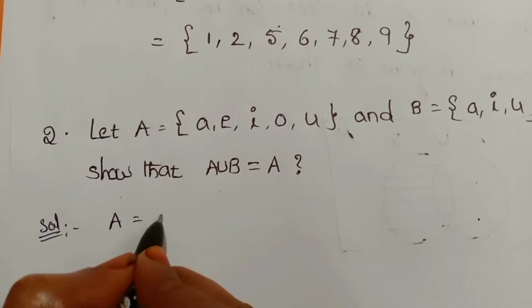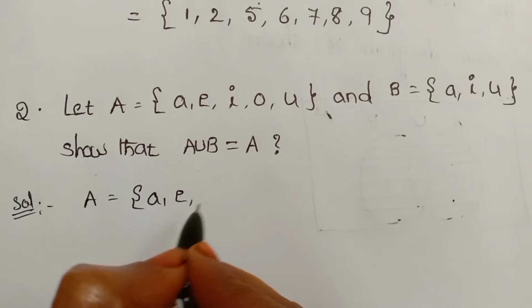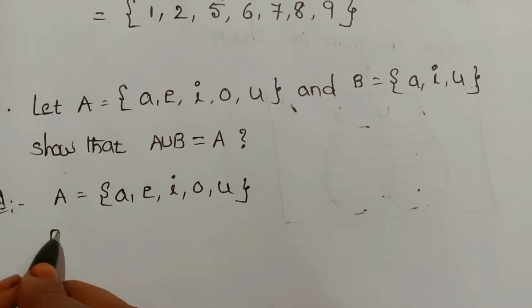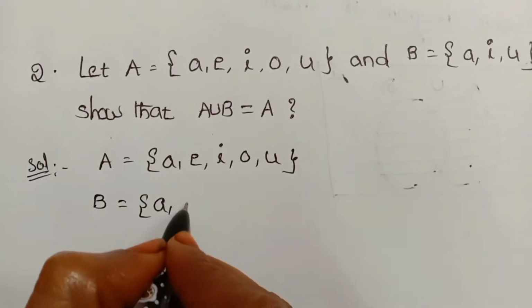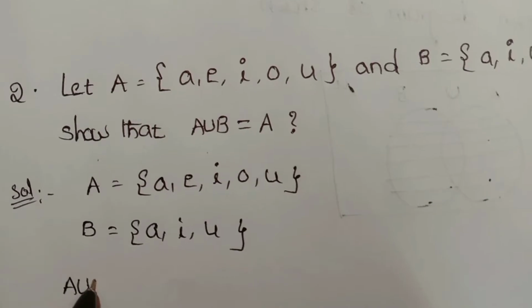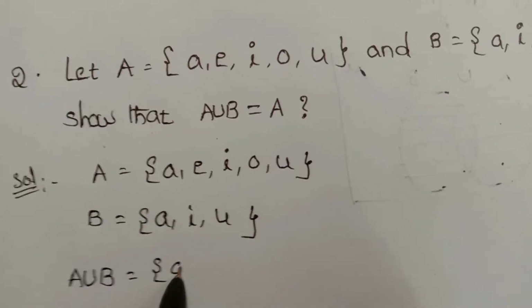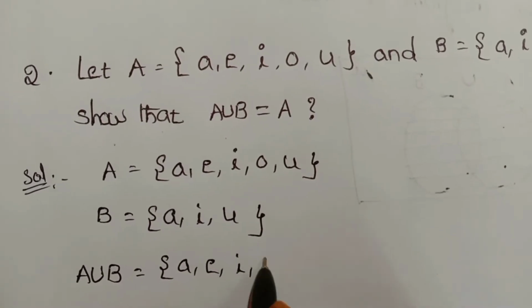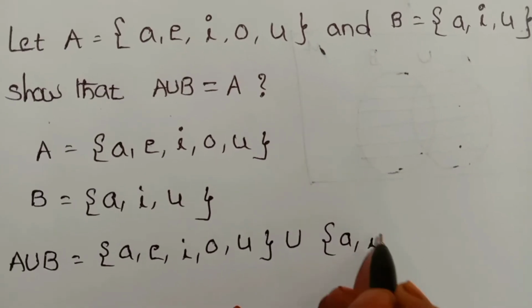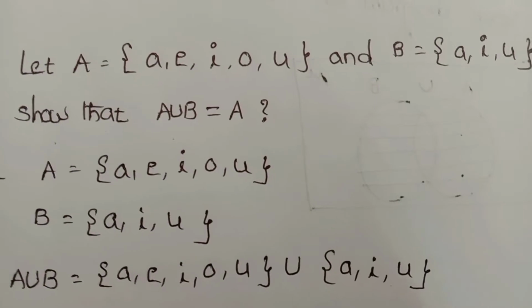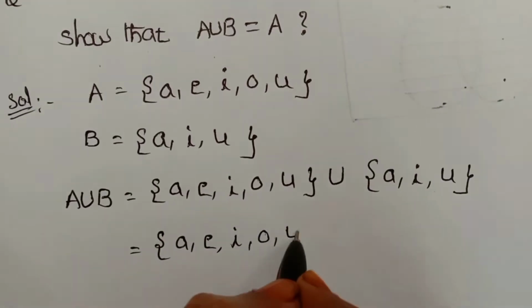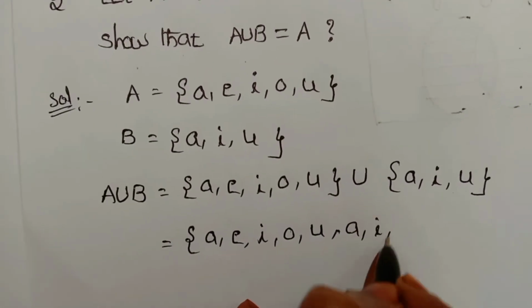Let A = {a, e, i, o, u}. B = {a, i, u}. A union B = {a, e, i, o, u} union {a, i, u} = {a, e, i, o, u, a, i, u}.